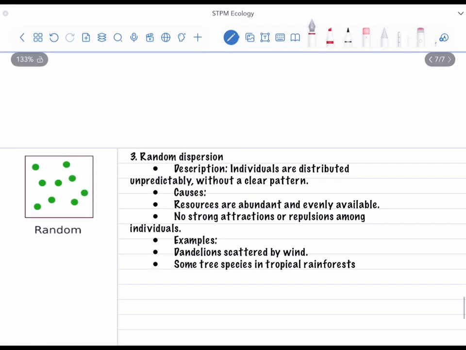Okay, the last pattern of dispersion will be the random dispersion, where there is no very obvious pattern and they tend to colonize locations very randomly. So the description is just that the individuals are distributed unpredictably without a clear pattern. This is the keyword.